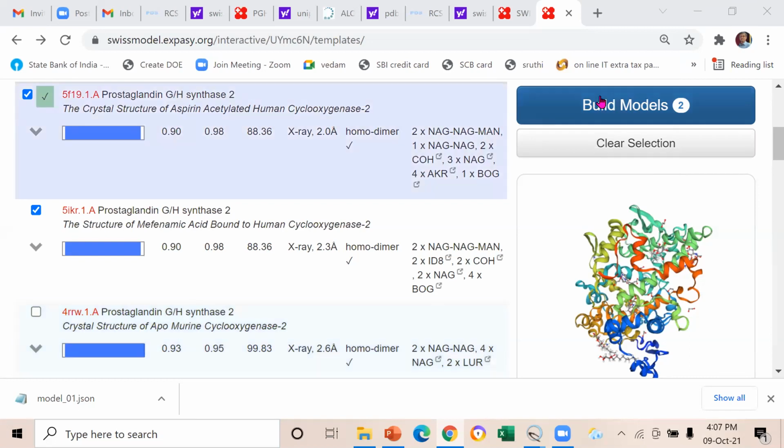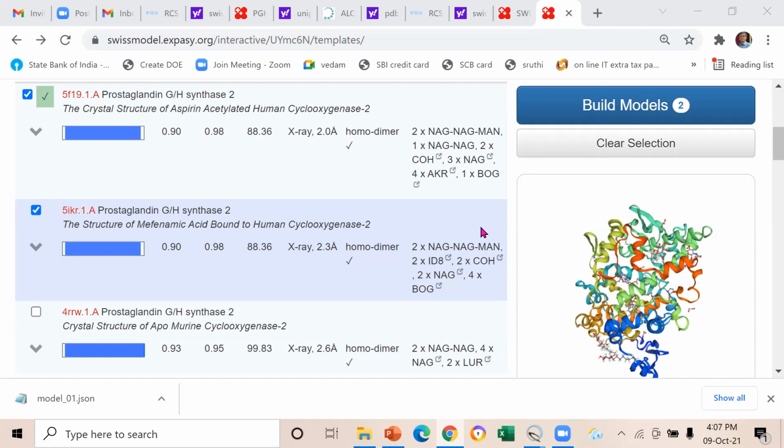And in many cases, you will not have human targets. If you spend some time, you will see many cases where you might not have human targets, because it's difficult to get enough protein from a diseased person, whereas it's easy to get it from animals because we can have a genetically modified animal.